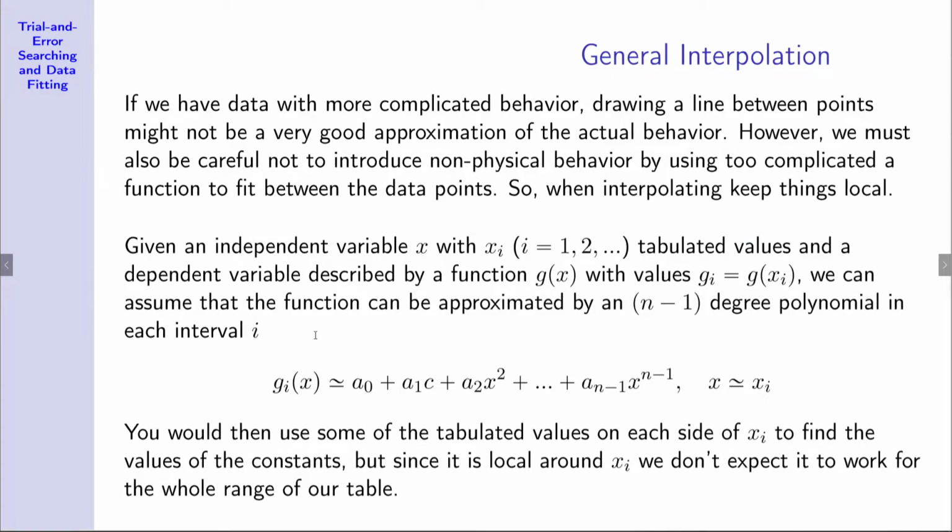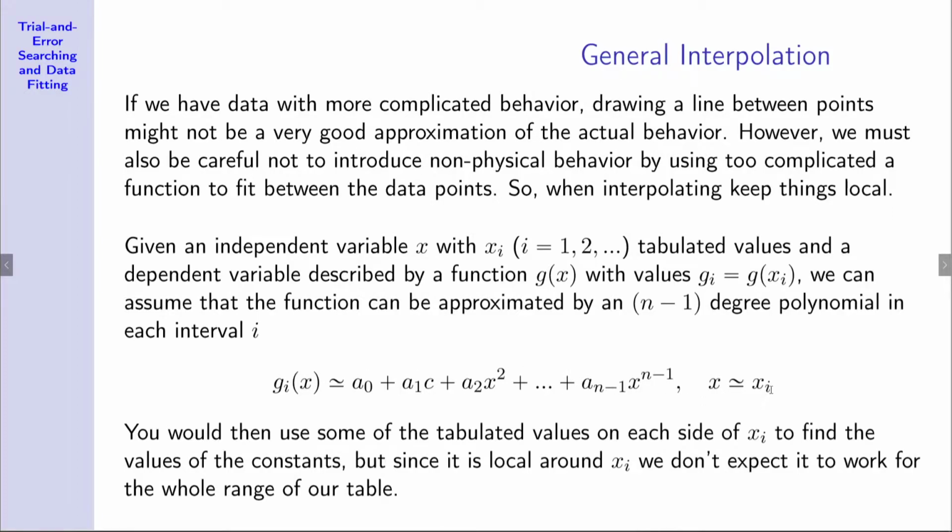So we can basically assume that we can approximate this function g of x as some n-1 degree polynomial. So n would be kind of our total number of tabulated values. And we say, well, maybe if we have, say, 10 values, then if we have a 9th degree polynomial, we should be able to get a curve that kind of goes through all of those points.